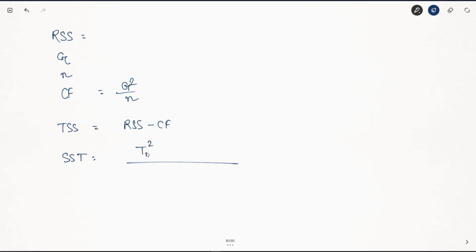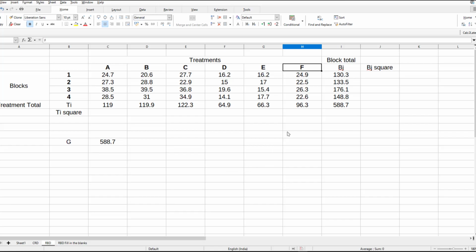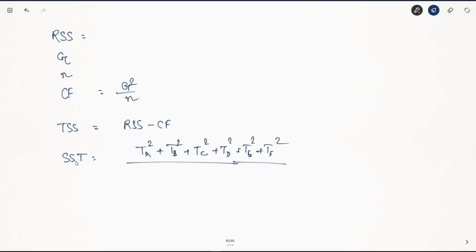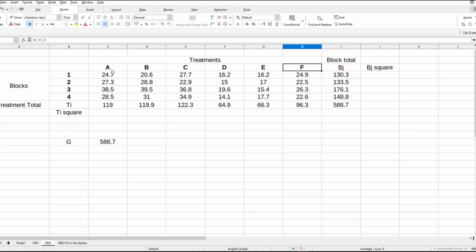So TA square, treatment B square, total of C square, total of D square, total of E square plus total of F square divided by, now this is a tricky part, divided by, so if you are calculating SST, that means for treatment, you will have to divide it by how many observations there are under each treatment. So every treatment has 4 observations, right?